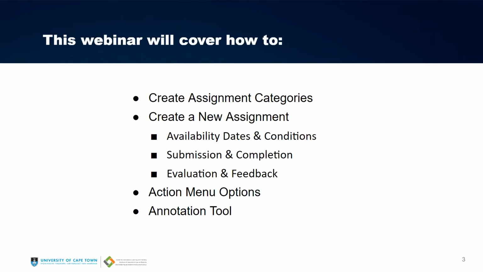We'll also look at some of the action menu options available at the high level, which govern all assignments, and the action menu options which are assigned to an individual assignment. And we also take a look at the annotation tool, which is a really useful and nice way of being able to give feedback to students.